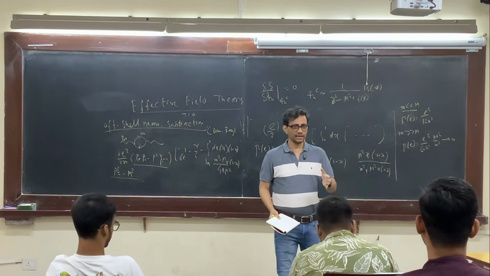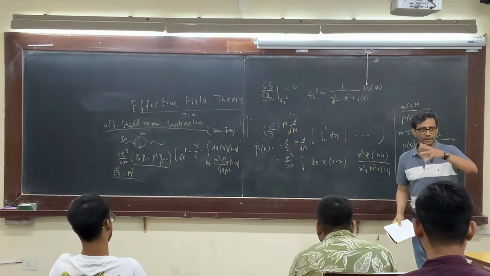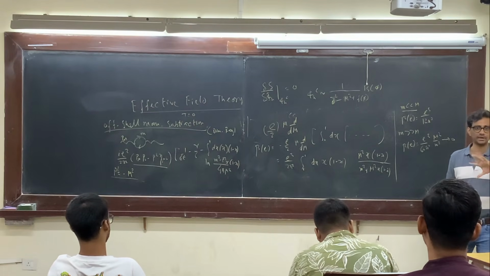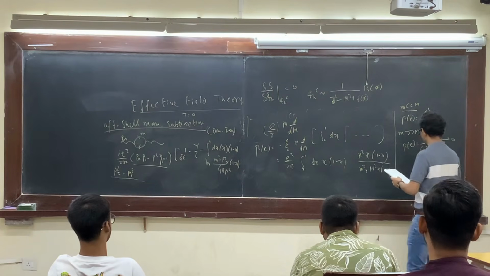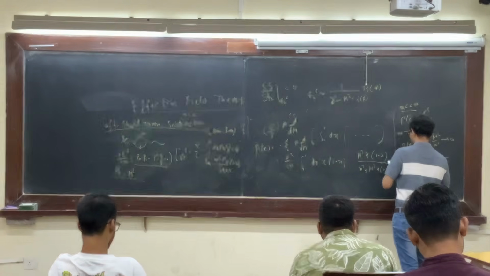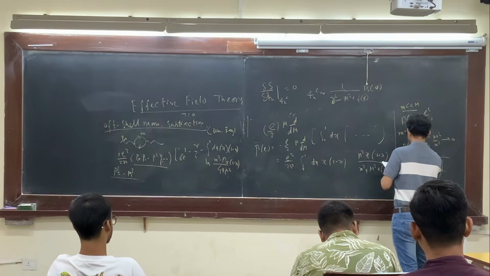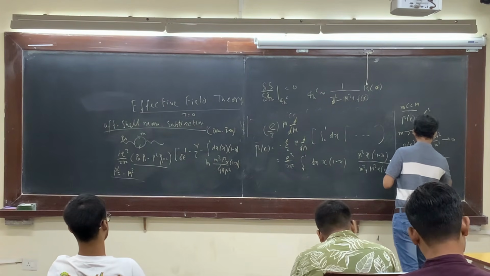So you can see the beta function actually changes when you have this mass hierarchy between small m and capital M. So if you plot this, what you get is the following. If this is 1 in the unit of 12 pi square by e cube, it actually goes asymptotically to that number.